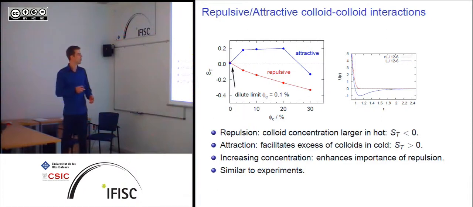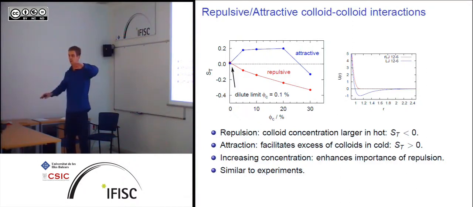So in principle, these repulsive interactions lead to a uniform distribution of colloidal particles. I mean, in the limit of close packing, you would have the colloidal particles uniformly distributed in your system.